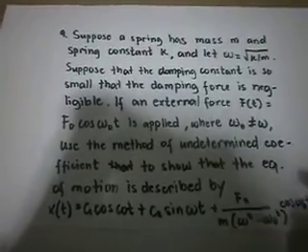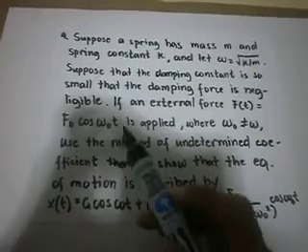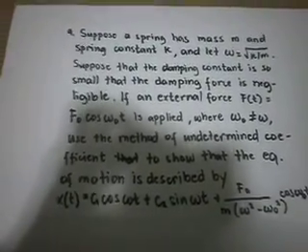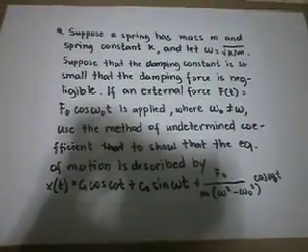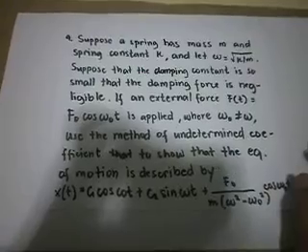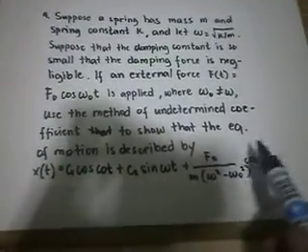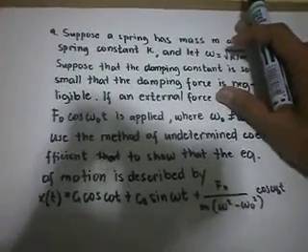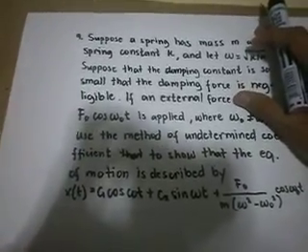If an external force f of t is equal to F_0 cosine of omega_0 t is applied, where omega_0 is not equal to omega, use the method of undetermined coefficients to show that the equation of motion is described by this function. In this problem we will use the method of undetermined coefficients. Are you now ready?